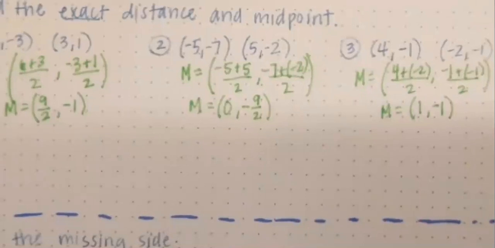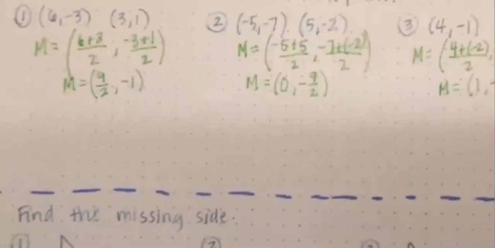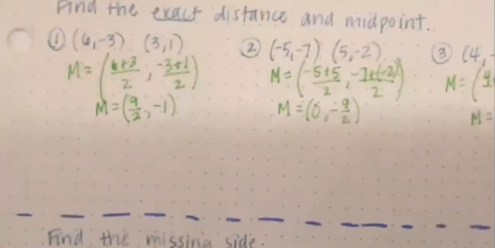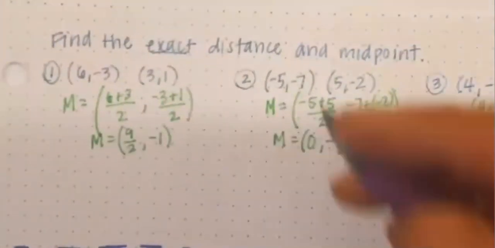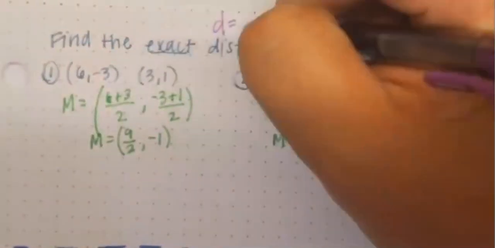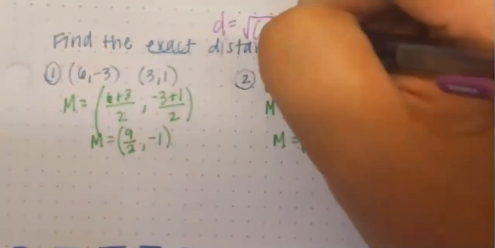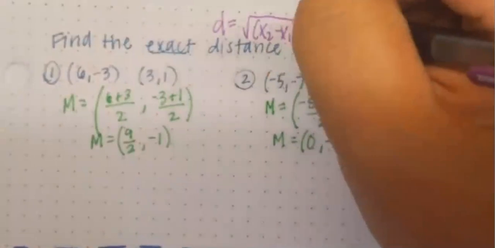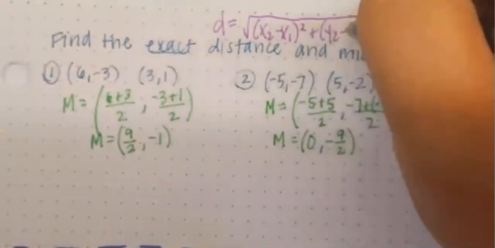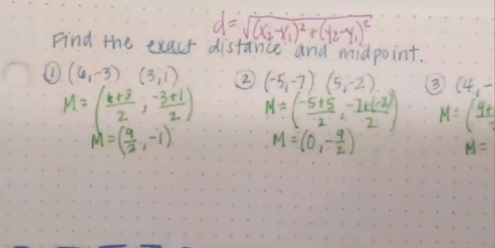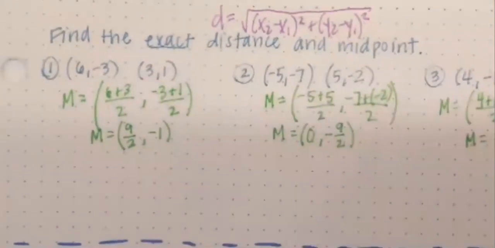Distance, all right, the first two I'm going to do using my formula. Just to remind us, come back up here. All right, there's my distance formula. Now, what matters here is that we're doing subtraction, and with subtraction, order does matter.